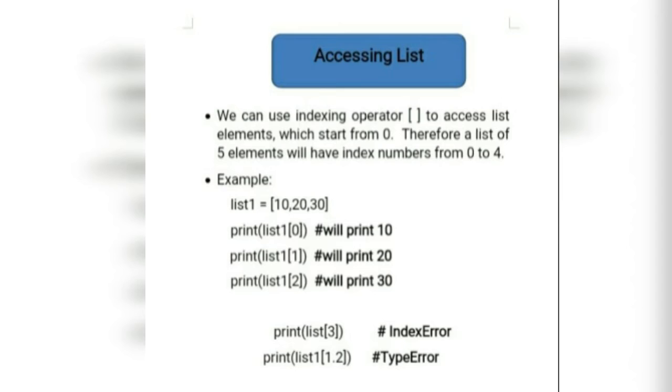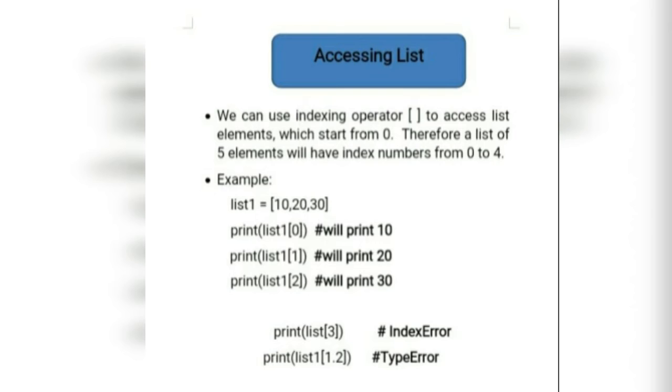Now here I am accessing the element from the list, that is print list1 with 0 in the brackets, where I have mentioned the 0 index. It will print 10. Similarly, in the next line you can see at index 1 it will access the element 20, and at the third, 30, where I have accessed the element from the second index.